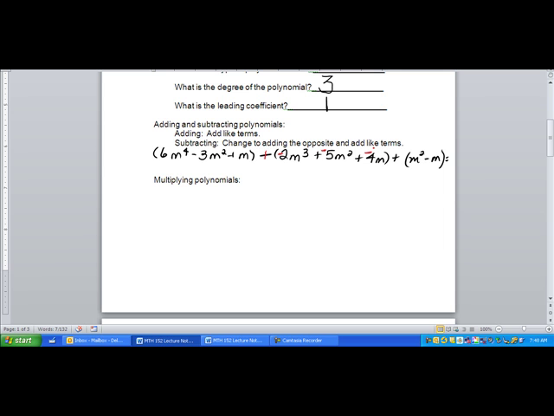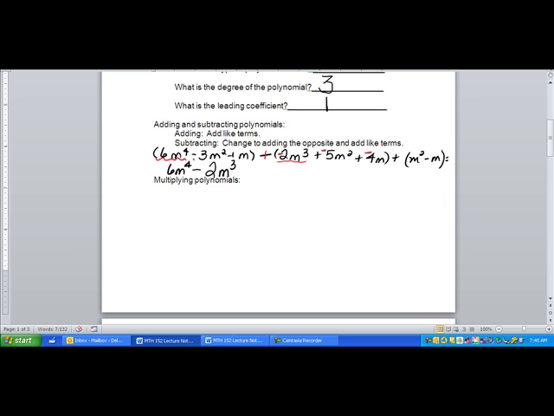Now we're ready to begin adding, and we want to start with the term that has the highest degree, 6m to the 4th, and as I scan across, that is the only term that has m to the 4th. Okay, now we want to go with m cubed next, and again that's the only term with m cubed. So we'll put that next.